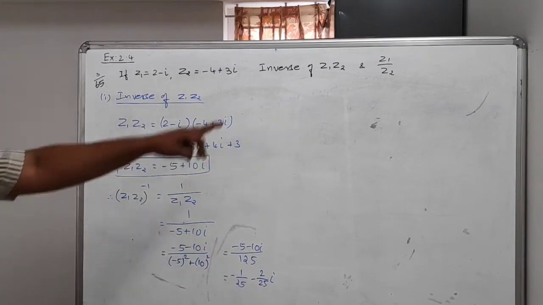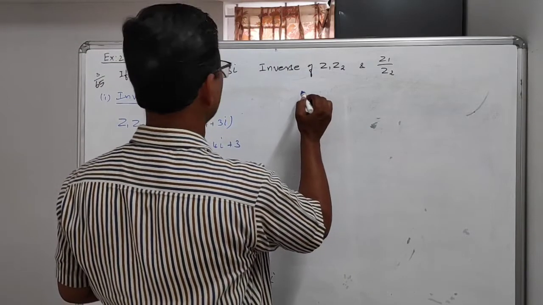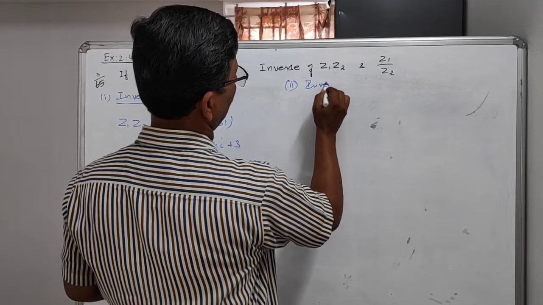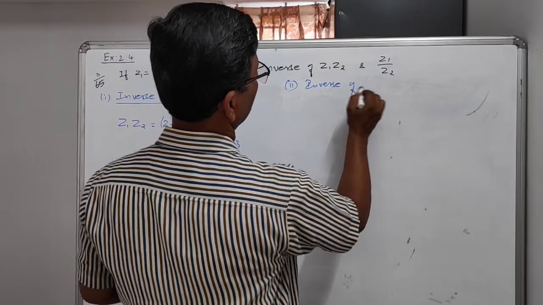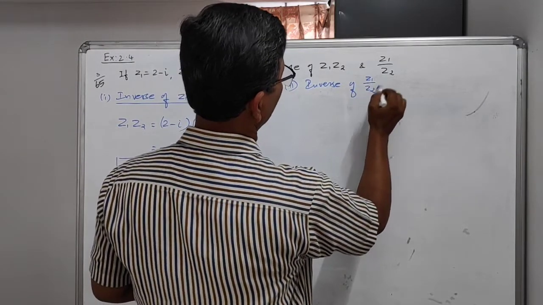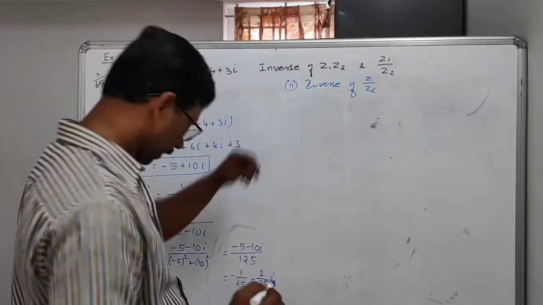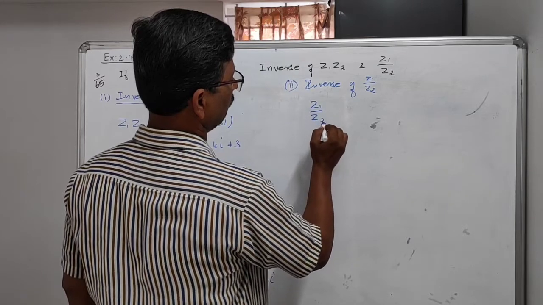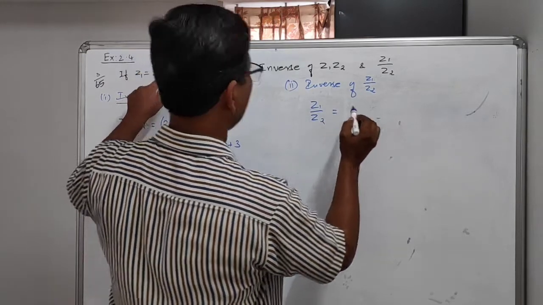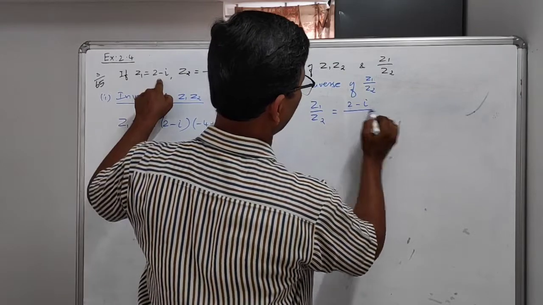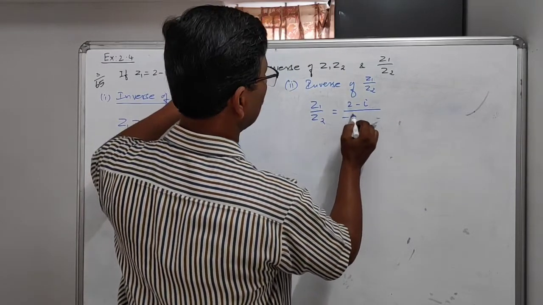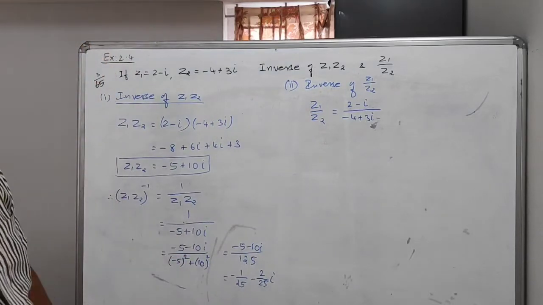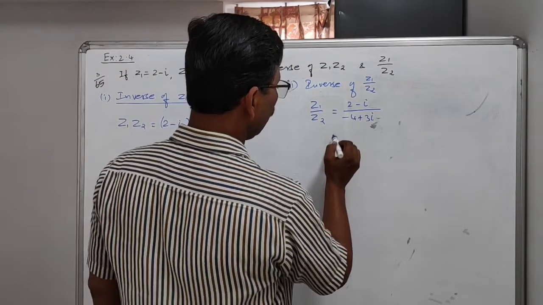Okay, likewise, let us go for finding the second subdivision, the inverse of z1 by z2. Therefore, first let us find z1 by z2. z1 by z2 is equal to, z1 is 2 minus i by z2 is minus 4 plus 3i.